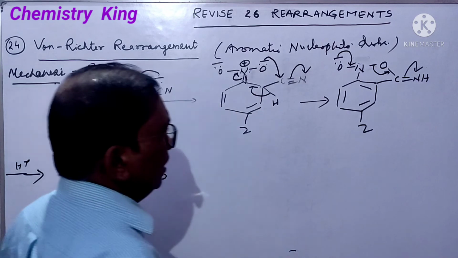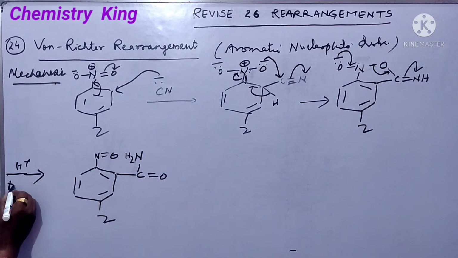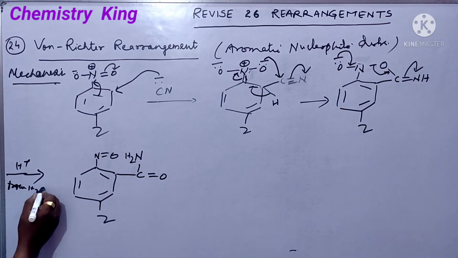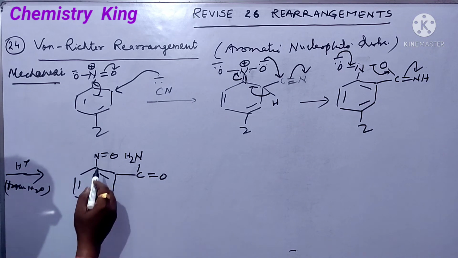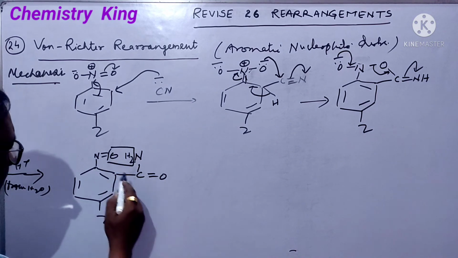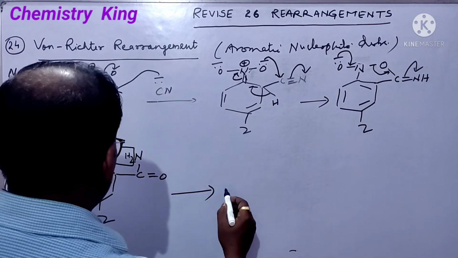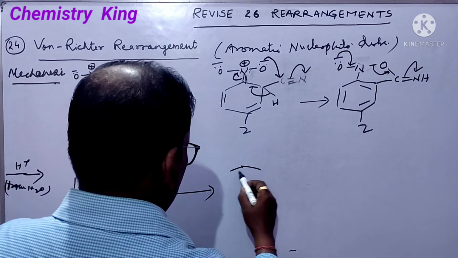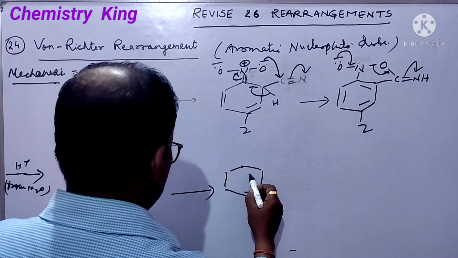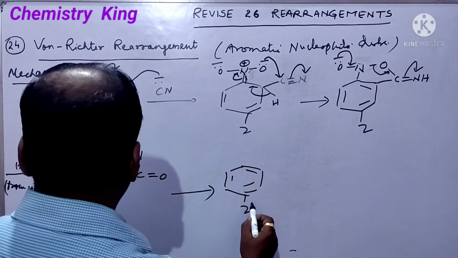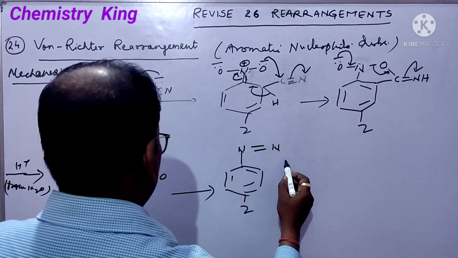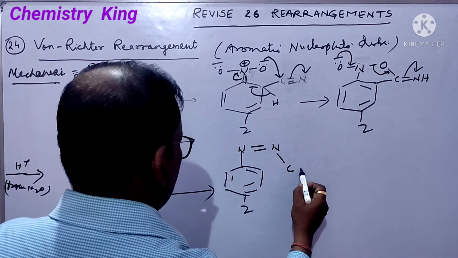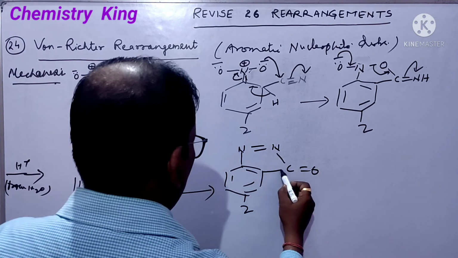And when minus charge is here, H plus will come here, and H plus comes from water, H2O. When H plus will come here, hydroxide ion will be liberated. Okay, this is the situation, and here this oxygen and hydrogen will combine together, giving rise to this Z, N double bond N, C double bond O, this.